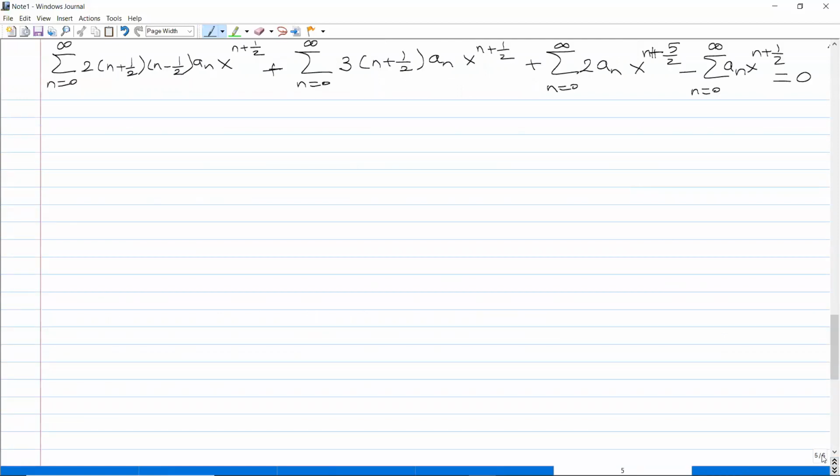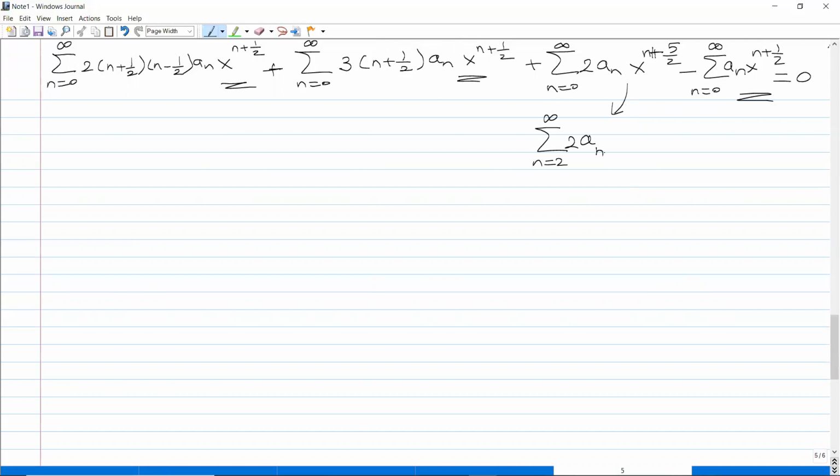Okay, so let's simplify. First, we look at powers of x. The power of x is n plus 1/2 in all the series except this one. So to make it n plus 1/2, I need to bring the power down by 2. So that means I take the index up by 2, n from 2 to infinity, 2.